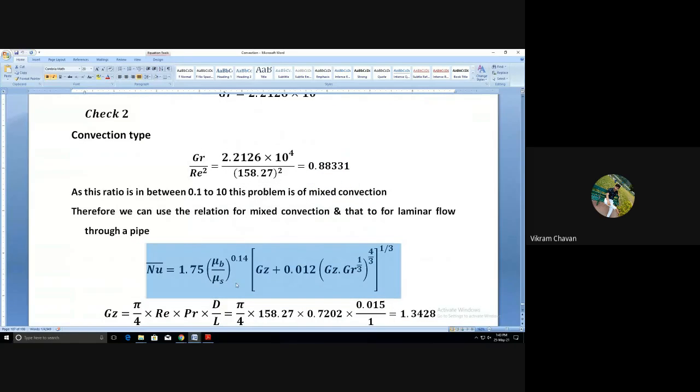Nu bar is equal to 1.75 inside bracket mu b divided by mu suffix s, bracket complete raised to 0.14, in square bracket Gz plus 0.012 inside bracket Gz multiplied by Grashoff's number raised to 1 by 3 bracket complete raised to 4 by 3, square bracket complete raised to 1 by 3. So this relation we have to consider for the average Nusselt number.